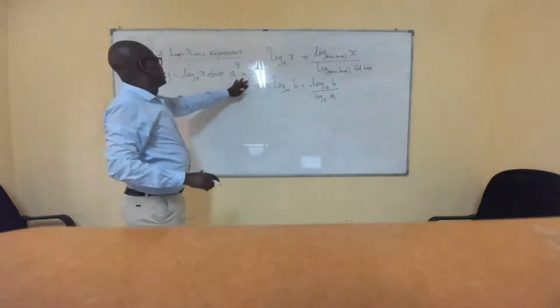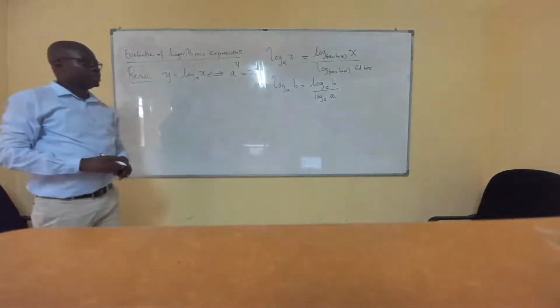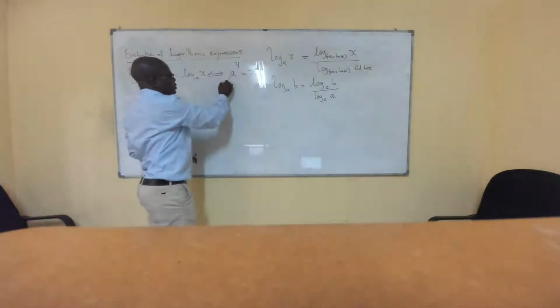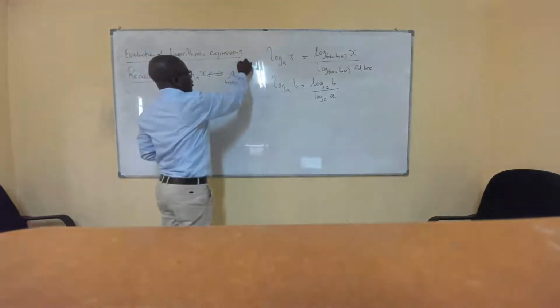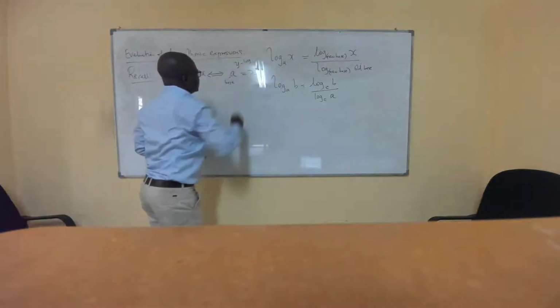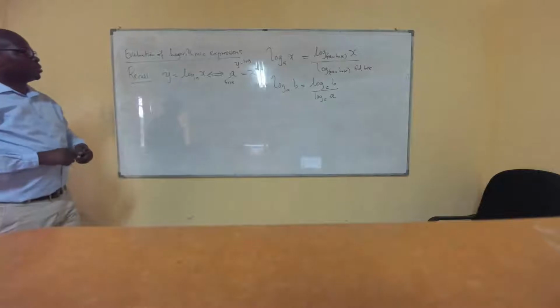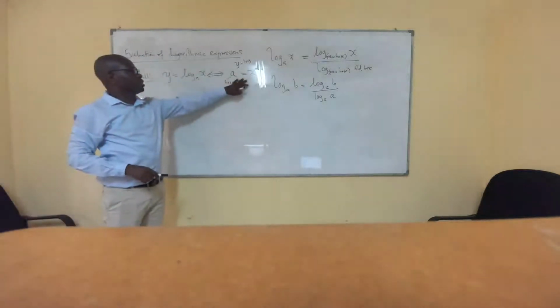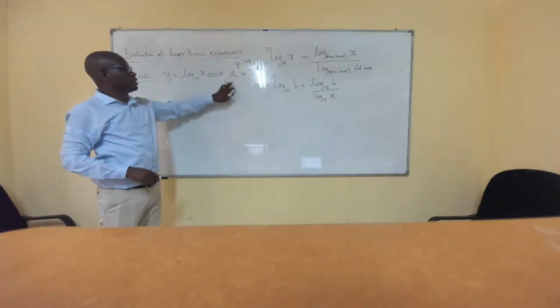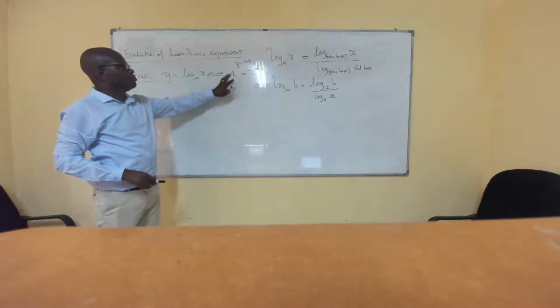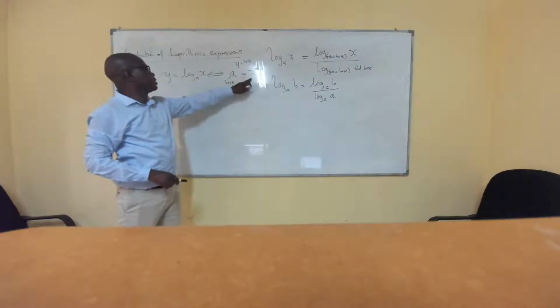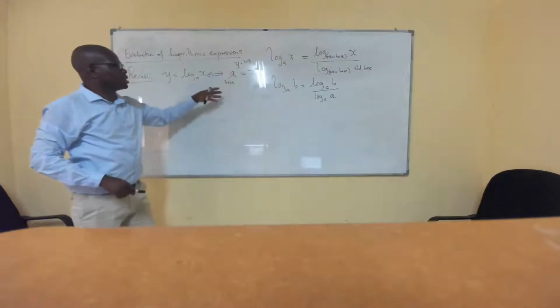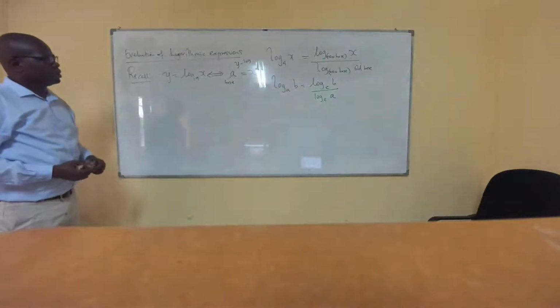So when we have this, we should be able to get to this. This is the base, this is the log, and that's the number. When we are given this, we can write log to base a of the number x is equal to y. So we can use this.